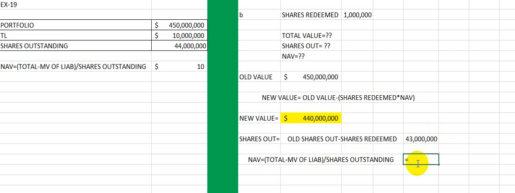Now, the new total value of the portfolio will be equal to 440 million minus 10 million in total liabilities divided by the number of shares outstanding. This should be between brackets. Okay, and sure, the net asset value will remain at $10. Thank you.